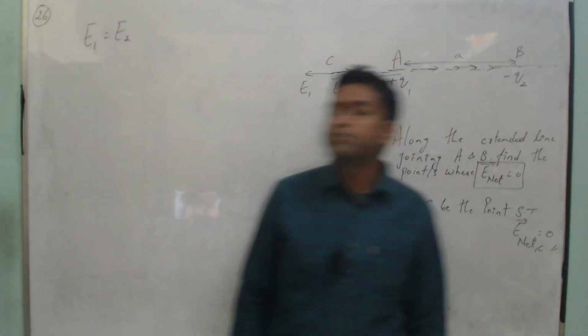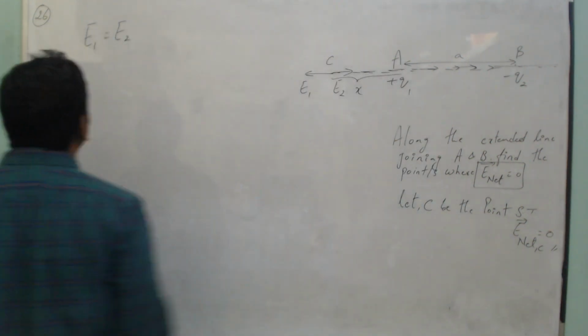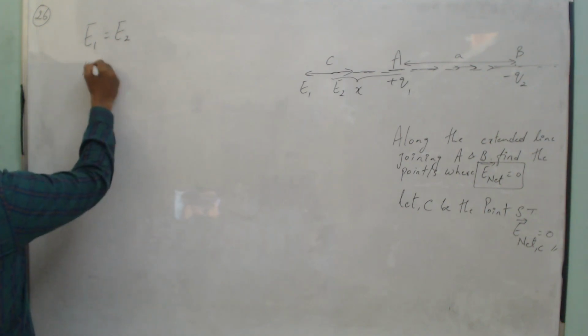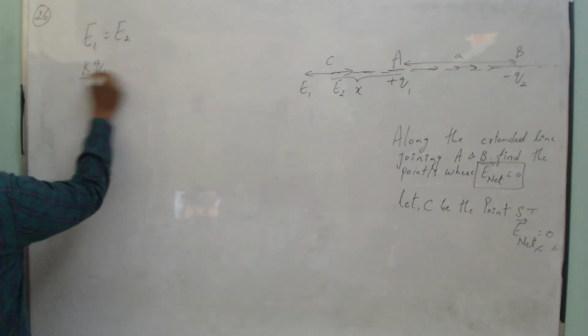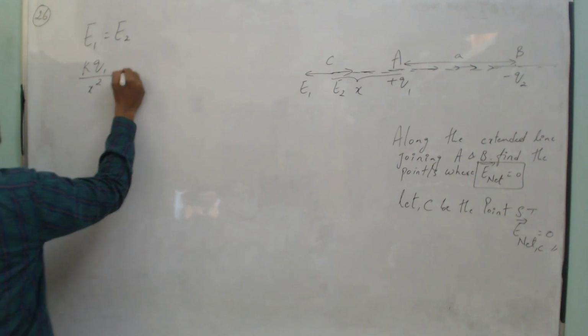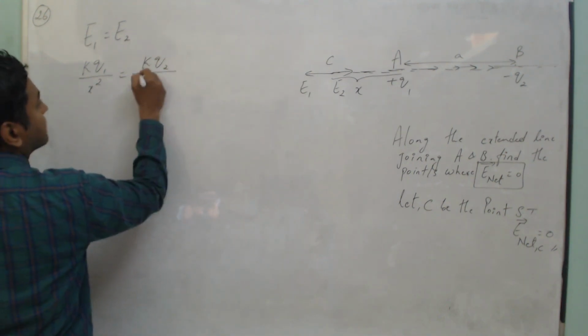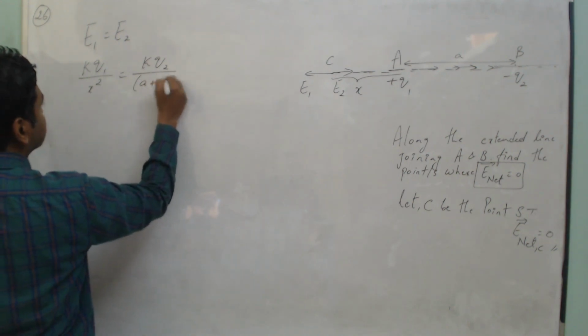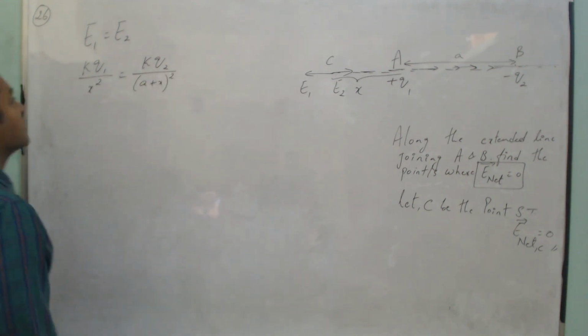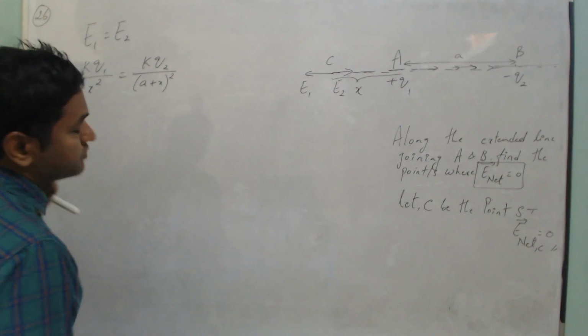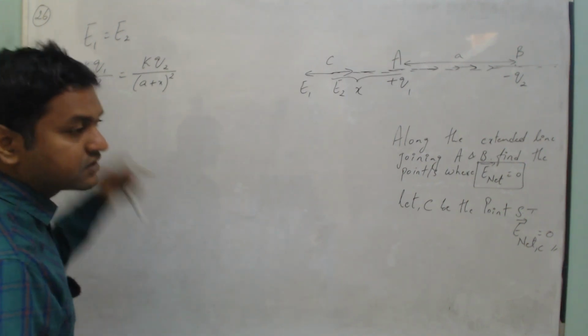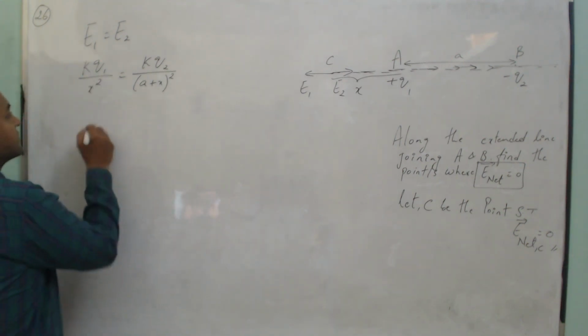Now, what is electric field E1? KQ1 by x square is equal to KQ2 by (a plus x) whole square. Now, again, cross multiplication, solving just like what we have done in the previous lecture.